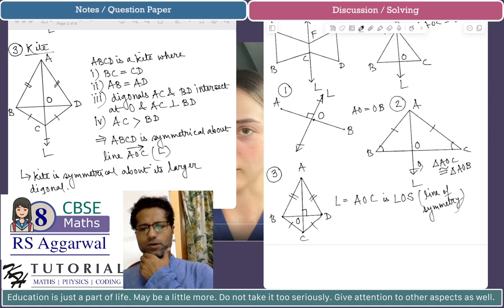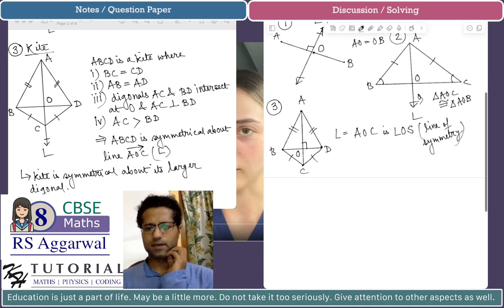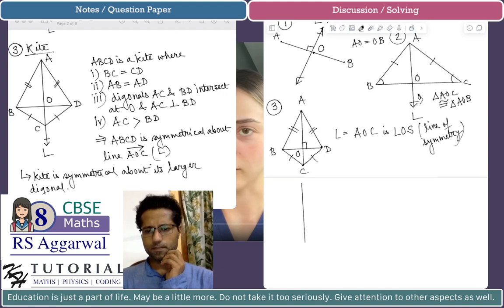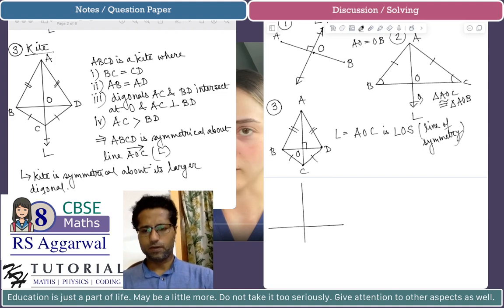Anyway, if the two diagonals are equal, let me check, can a kite have two equal diagonals? Okay, yeah, I think a kite can have two equal diagonals.